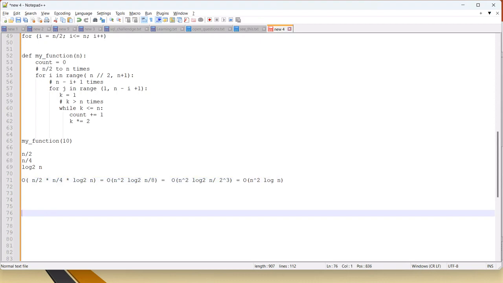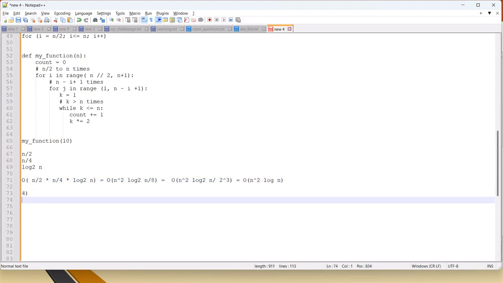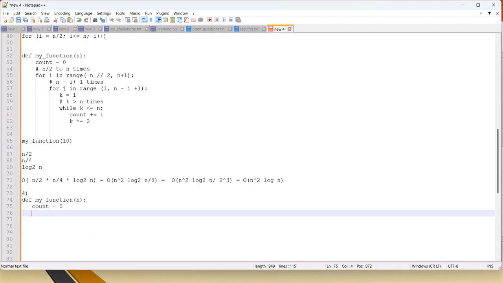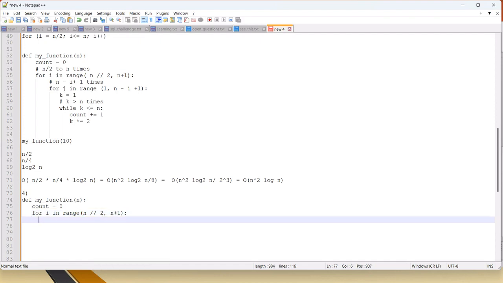Now let's look into another example very quickly. We'll pass n again. Let's take for i in range of n by 2 to n plus 1. A similar kind of loop we take, for j in range of 1 comma n plus 1 comma, let's say 2 into j.